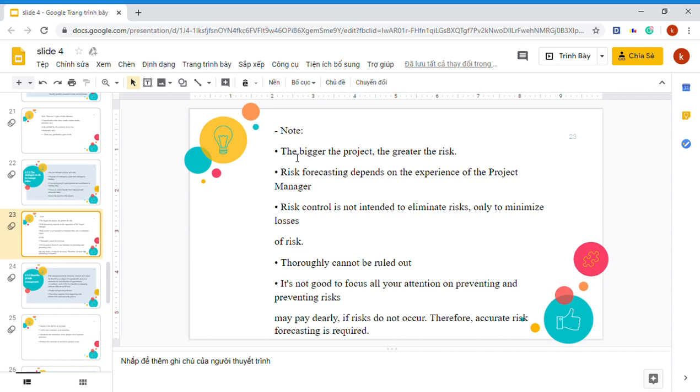Note the bigger the project, the greater the risk. It's not good to neglect action to prevent and reduce risk. It may cause delays if risks are not addressed. Therefore, a risk focus stage is required.